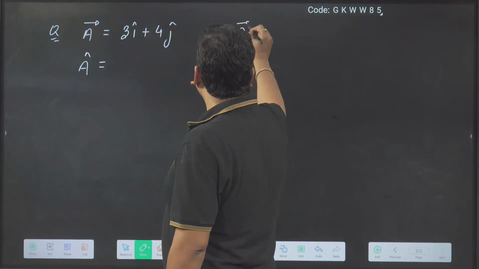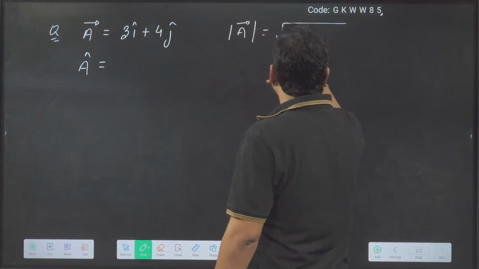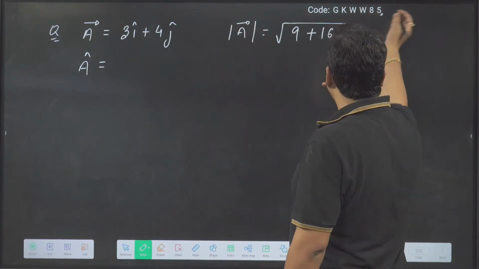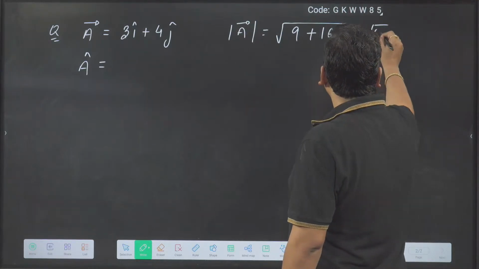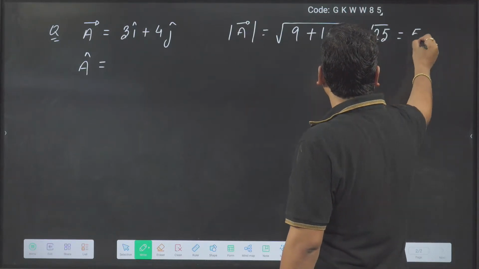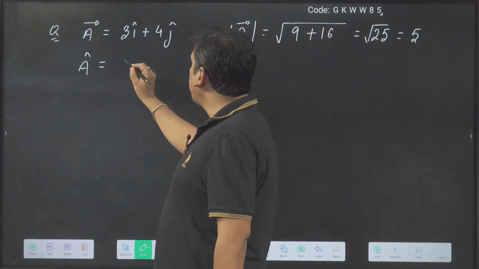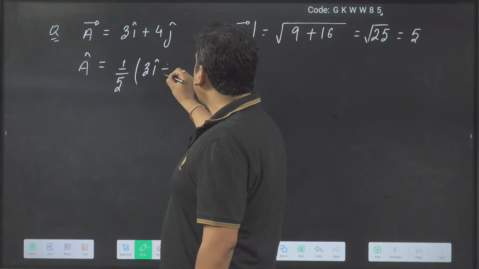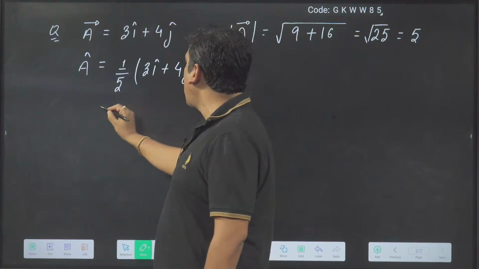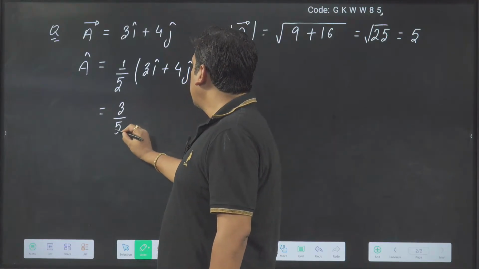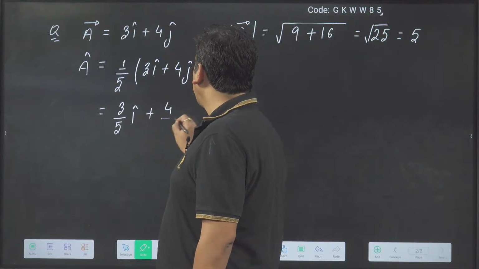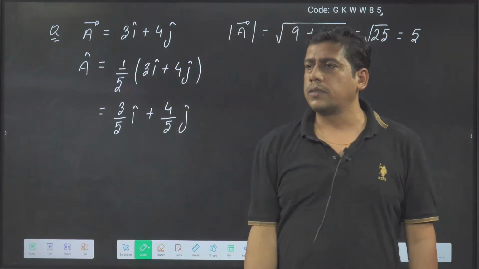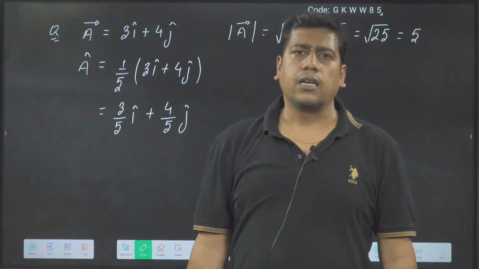Under root 3 square, which is 9, plus 4 square, which is 16, under root 25, which is 5. So here you can write 1 by 5 common 3i cap plus 4j cap, or you can write 3 by 5 i cap plus 4 by 5 j cap, multiplying 1 by 5 to both terms. This we have discussed last class.